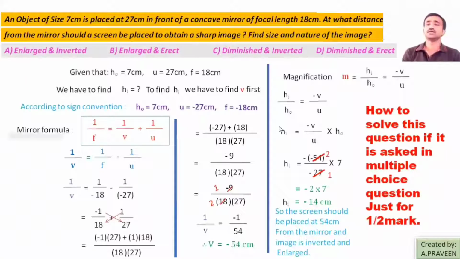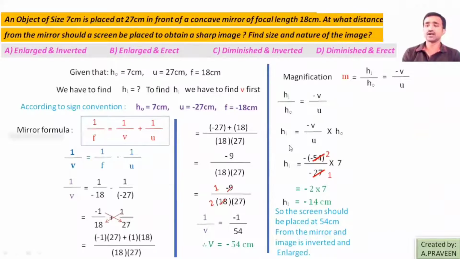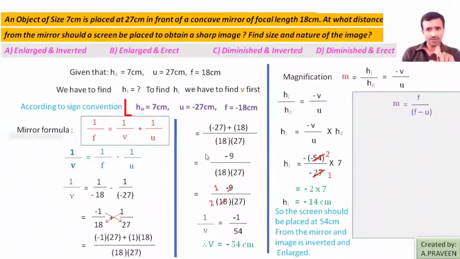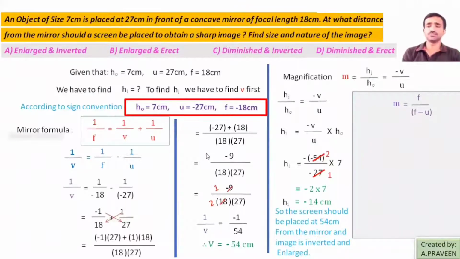So for that, I am going to depend on a new formula: simply, magnification M is equal to F by F minus U. This is the new relation that gives the relation between the magnification M, focal length F, and the object distance U. Here the F value and U value are given in your question.